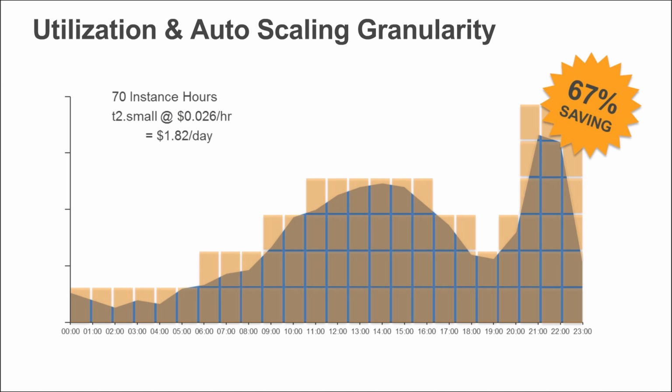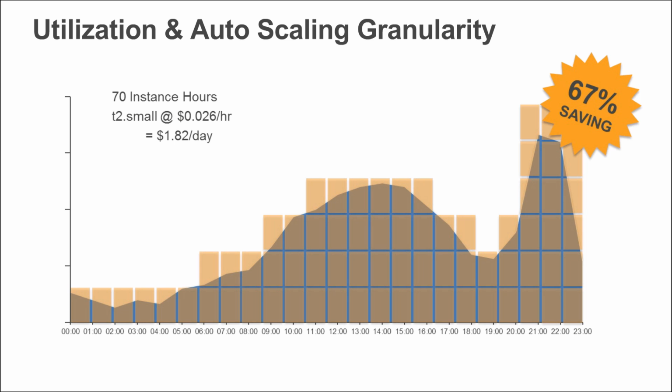But what if you were then to switch from that M4 instance to a T2 small instance? And that T2 small is going to give you far more granular control. Here you can see that the gaps between the demand and what the server is able to fulfill are far, far narrower.